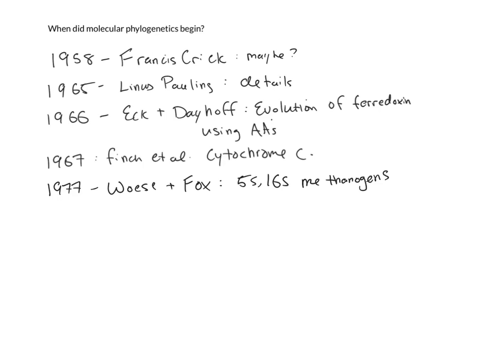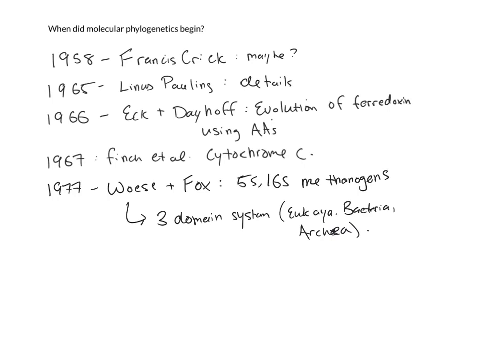And from this paper came our modern understanding of the three-domain system. We separate all life into eukarya, into bacteria, and archaea. And this was really impressive for the time.